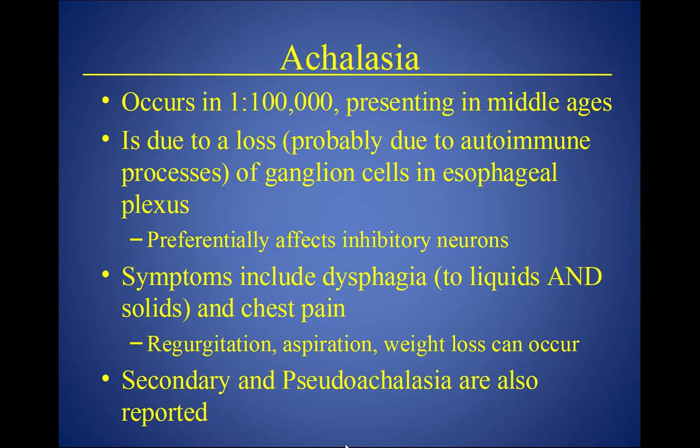Going all the way back to those first slides about peristalsis, the problem is, for some reason, that the autoimmune system is attacking those inhibitory neurons, which leaves only the positive acetylcholine neurons. So the swallow is not happening because there's no negative signal to open up the lower esophageal sphincter. It's important to know that this is a neurologic process, not a muscle process. So achalasia is not a muscle problem. It's a neurological problem. The nerves are getting destroyed, not the muscle.